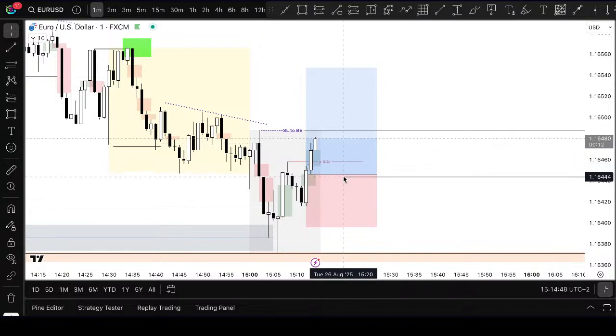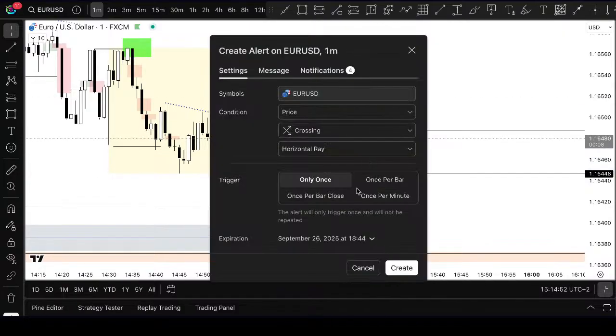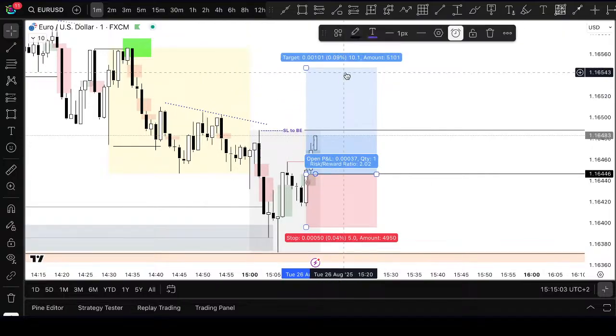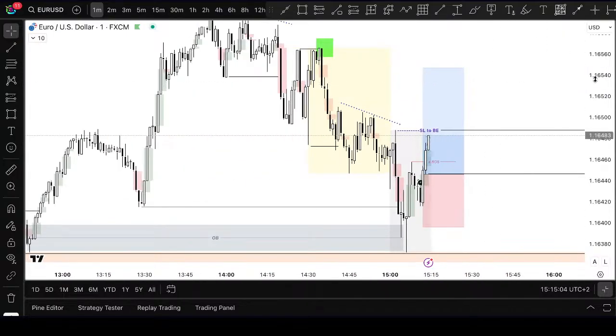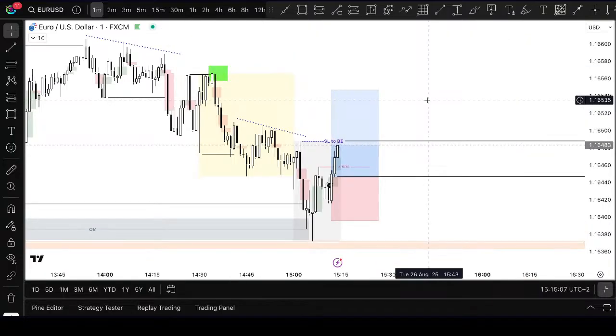This we can look into, and let's mark entry. Five lot. I take 408. Not in EU. Let us see whether it will come back or not.